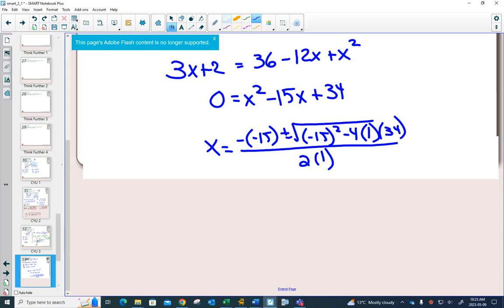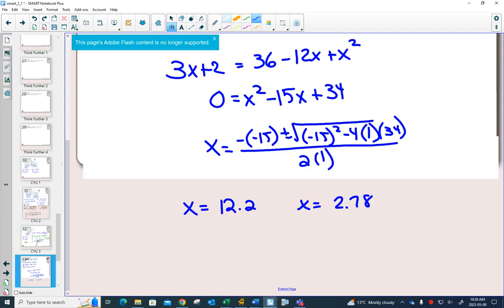So if we solve this with our quadratic formula, we get x equals 12.2 and x equals 2.78.